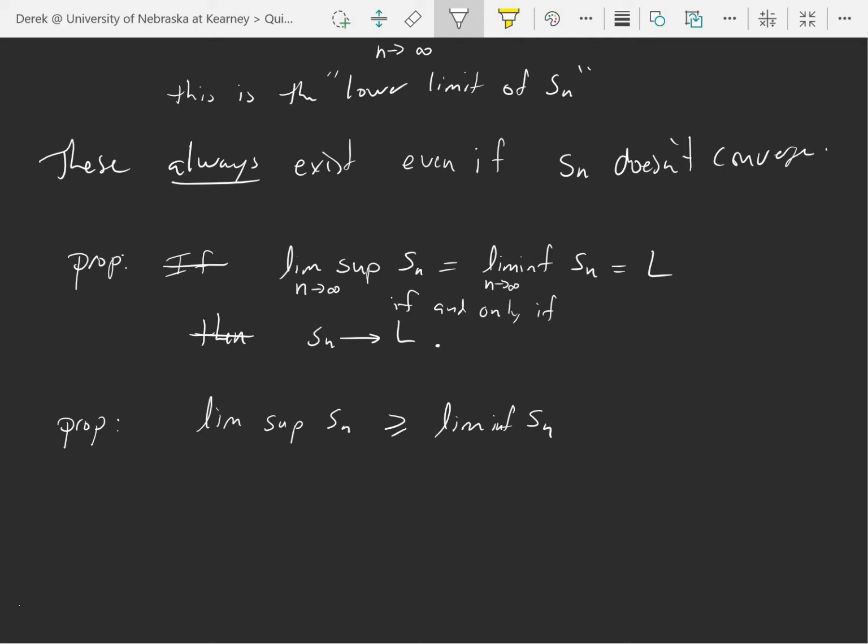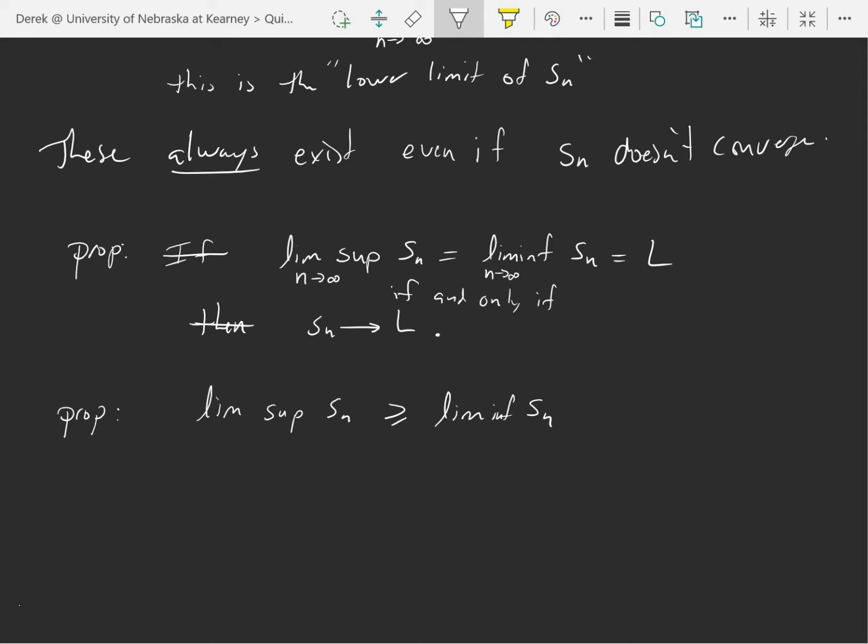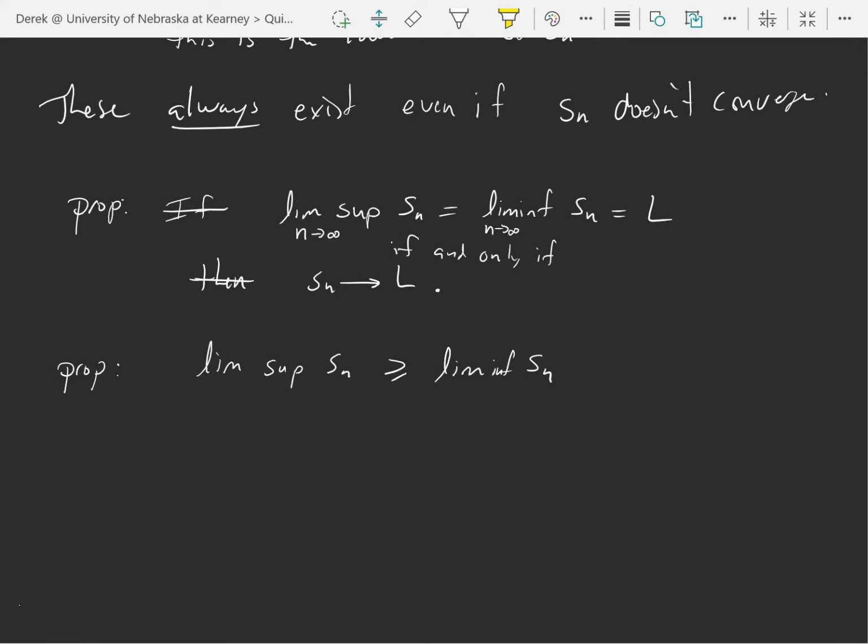I'll have you do some exercises on finding lim infs and lim sups, but that's all I want to say about it. We'll use it later when we're talking about convergence of power series, convergence of Taylor series, and how big of a radius of convergence things have. The lim sups and lim infs of the coefficients of those series are important.